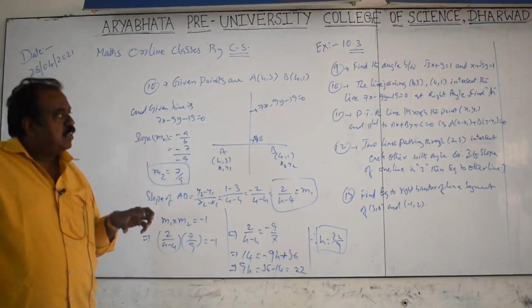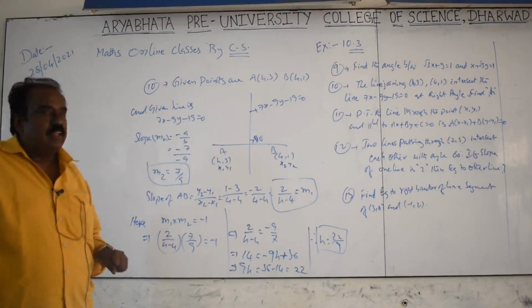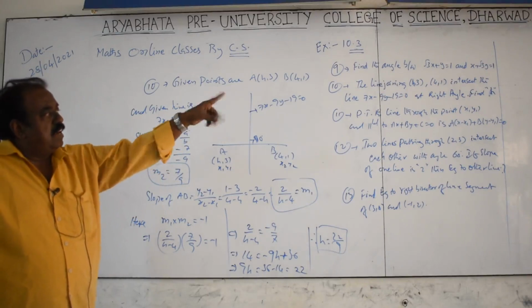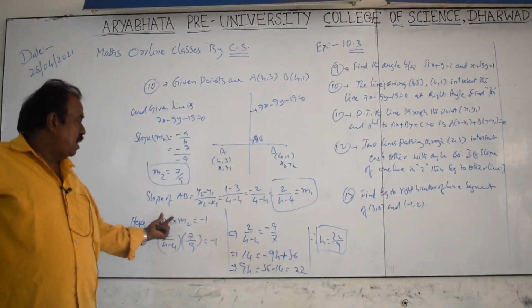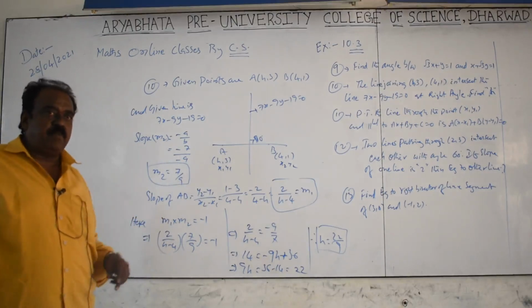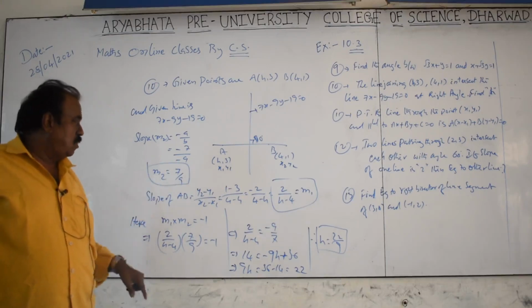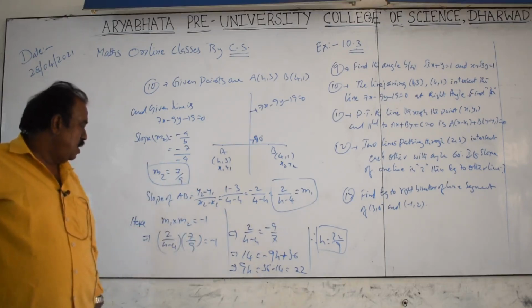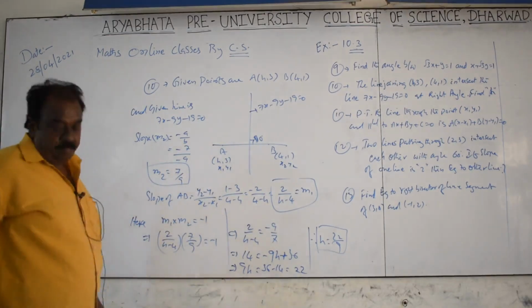There is a line joining two points, A and B, that intersects the other line at a right angle, so it is perpendicular. By using this concept, if two lines are perpendicular, the product of their slopes is minus 1. By using that, we can understand.